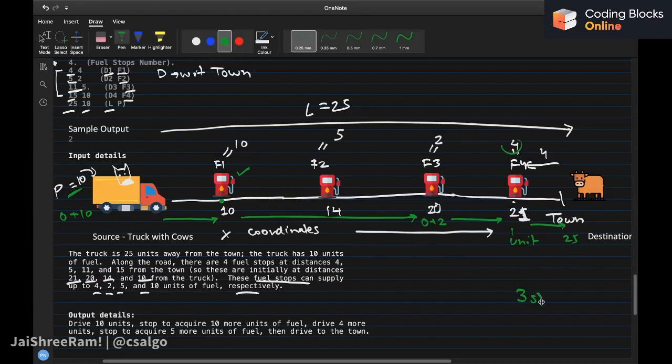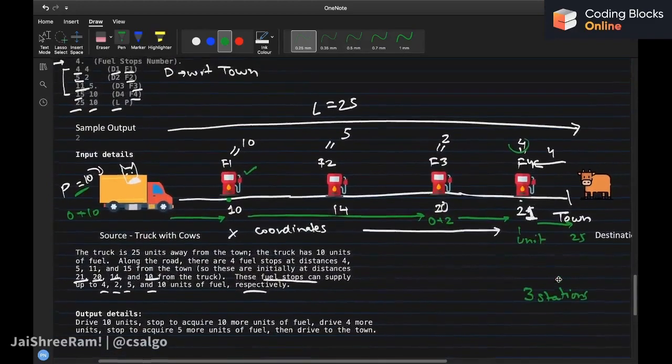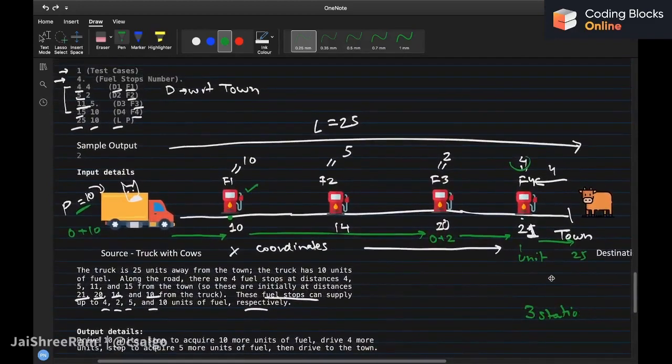But a better way would be you can also do it using 2 stations. Okay, so let's see how we can do it using 2 stations. Okay, so you come to this stop. Okay, and from here you start driving to the next, and let's say you stop at 14. So at 14, how much fuel will the truck have? So you had 10 and you traveled 4 units.